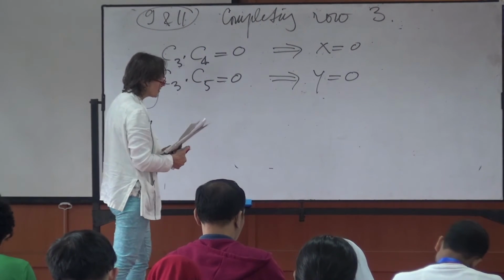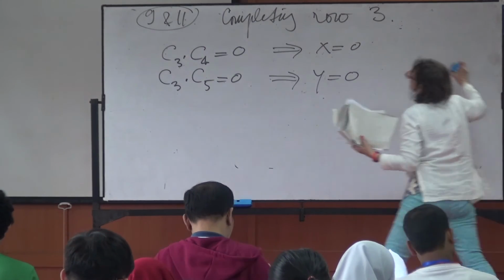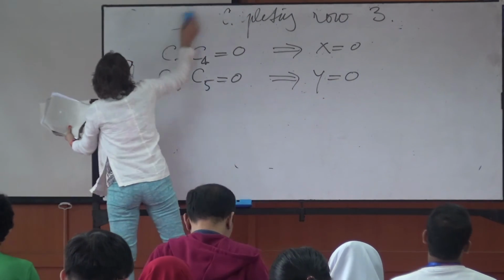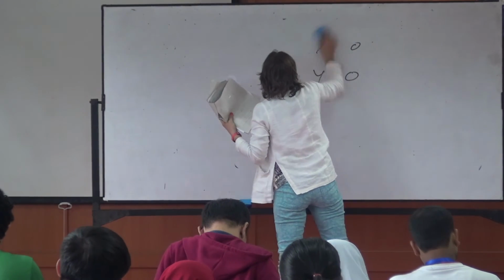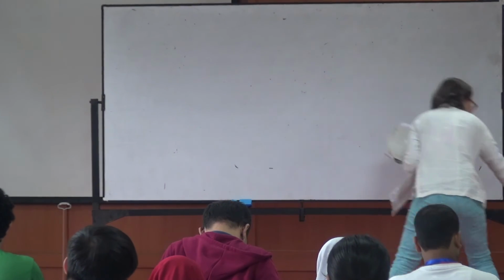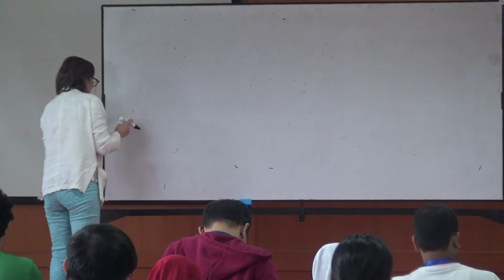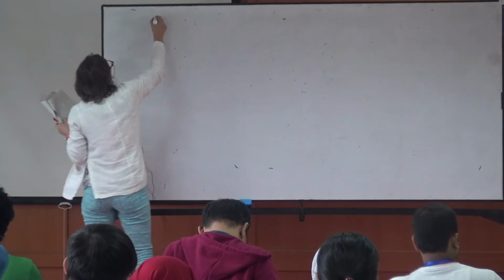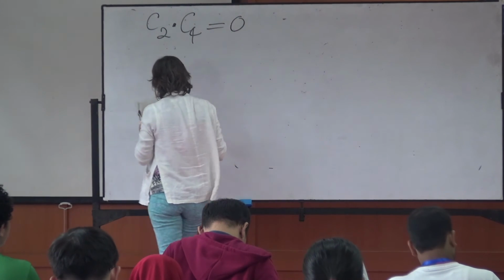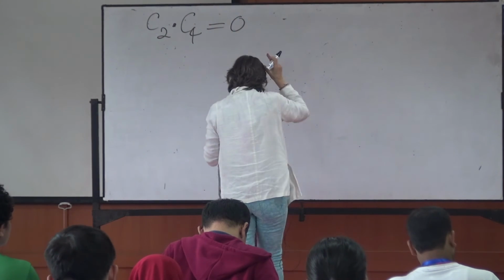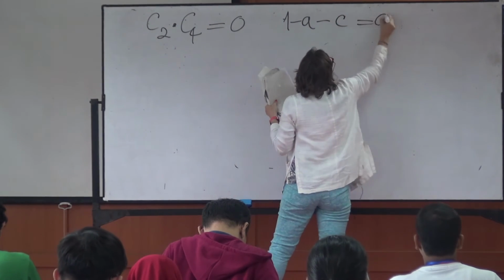Now, again, we can use the orthogonality relations. If we use the orthogonality between C2 and C4, we obtain that 1 minus A minus C has to be equal to 0.